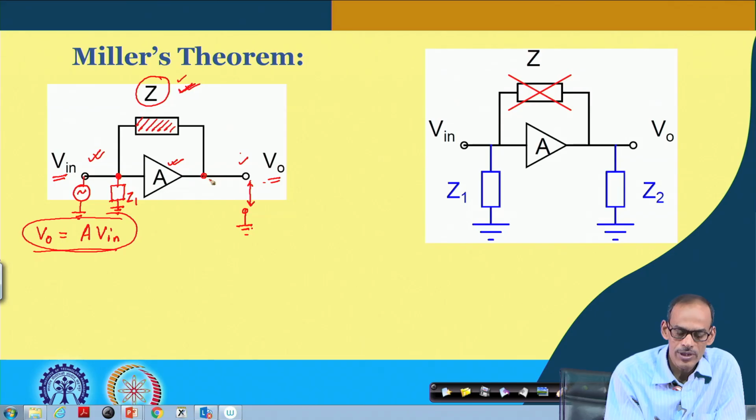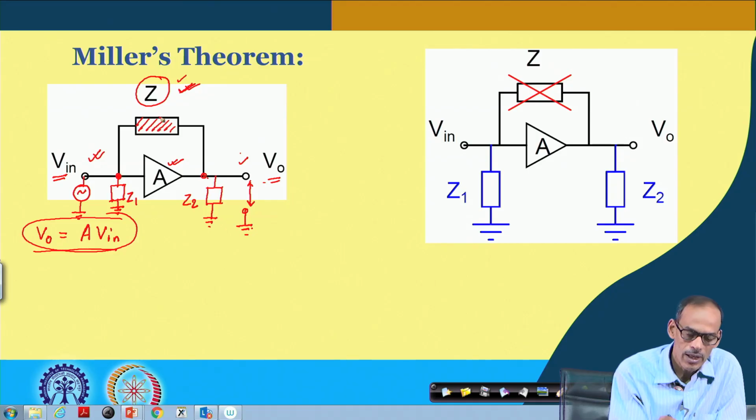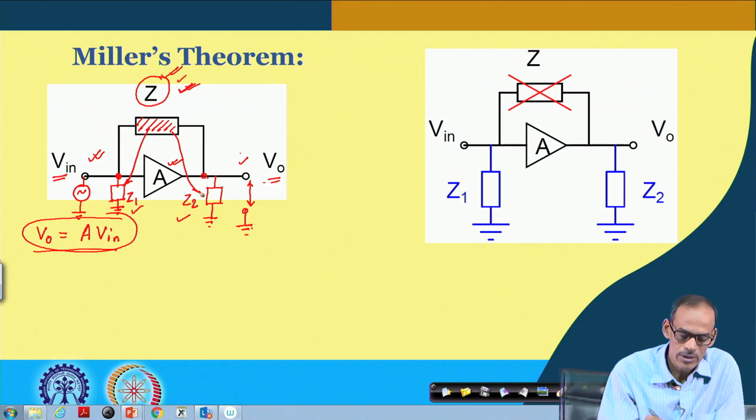Since the other terminal is connected to the output port, we also need to consider its effect before we remove it, and let me call this Z2. The effect of Z is captured by Z1 and Z2, and once it is translated into its equivalent parts, you can remove it.